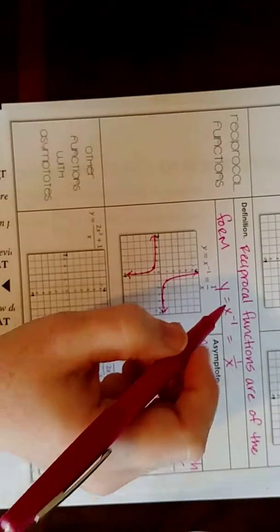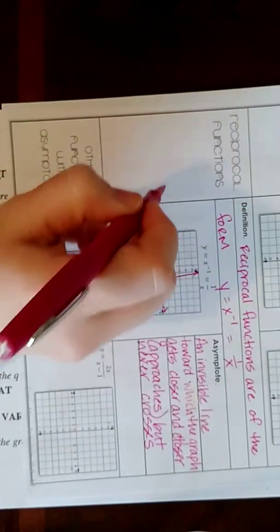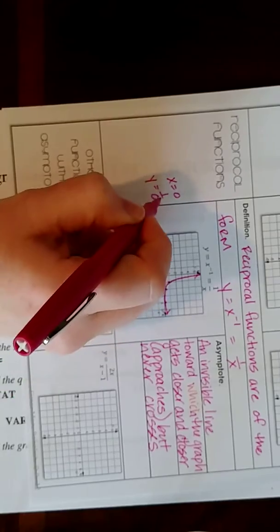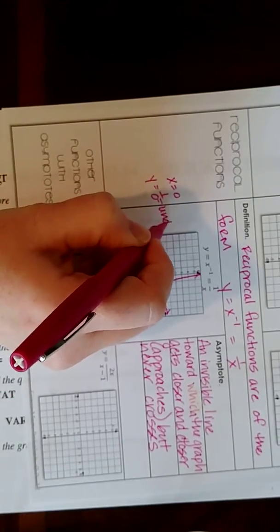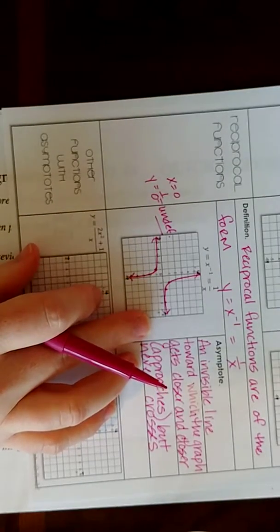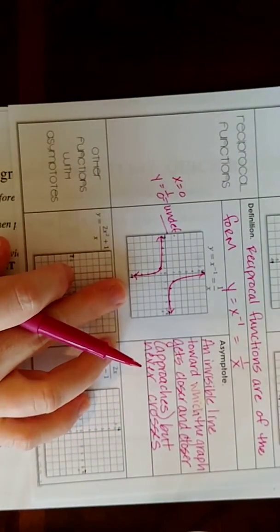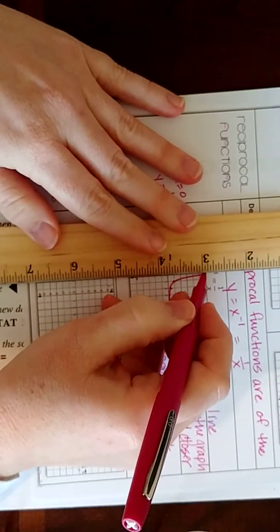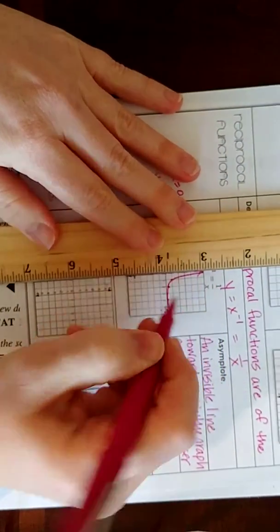Why is that? Well, if I were to plug in 0 for x, I would get y is equal to 1 over 0. And that's undefined because I can't divide by 0. So what I have created here is a graph that has what's called asymptotes. So this graph has both a vertical and a horizontal asymptote, which we will indicate by a dotted line.